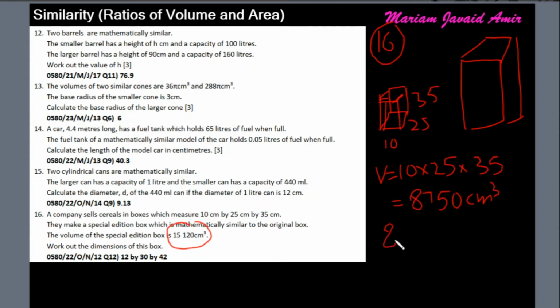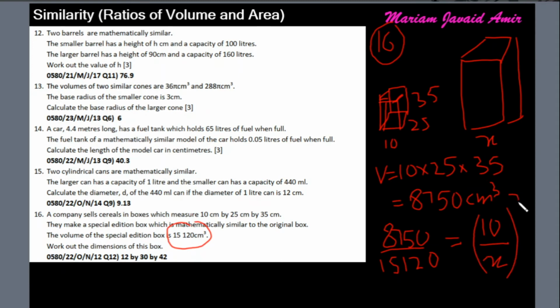So V1 over V2, 8750 over 15120, equals the length of the first box, 10, over the length of the corresponding side of the second box, x, and write whole cube over here.